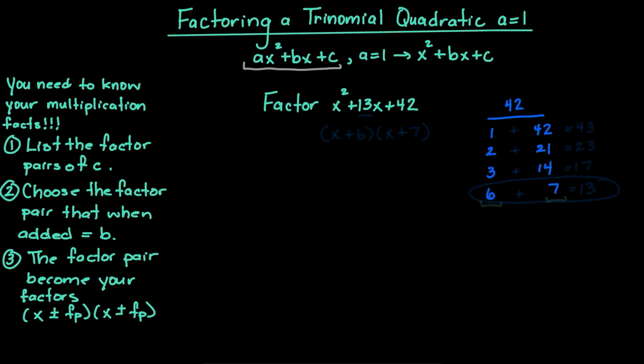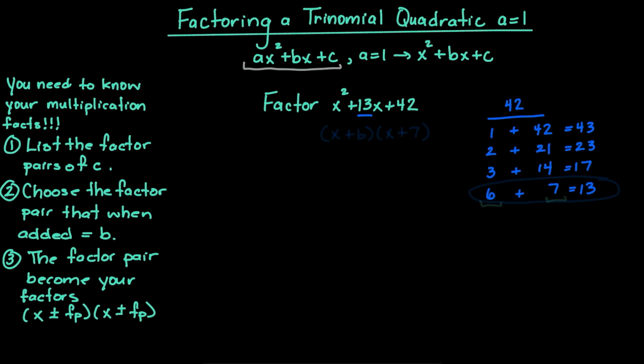There might be others, but we'll pause here and see if we've gotten to a factor pair that's going to add to our b term, which is 13. 1 plus 42 is 43. 2 plus 21 is 23. 3 plus 14 is 17. And 6 plus 7 is 13.